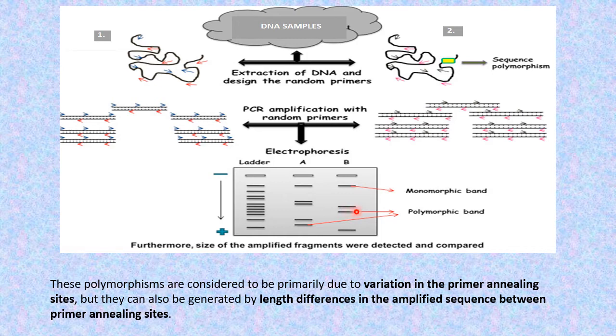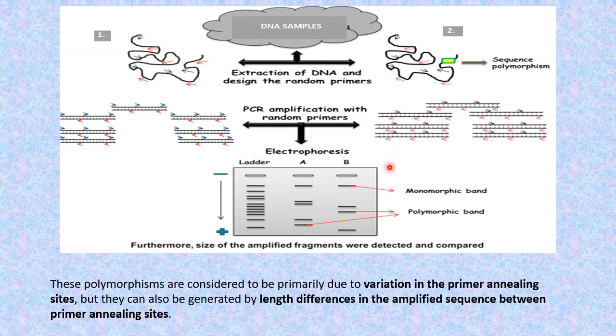The nucleotide sequences may be the same in two different individuals, but the length of the DNA having that particular nucleotide sequence may vary because of the attachment of these particular primers at the specific sites.